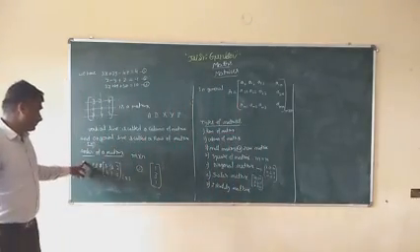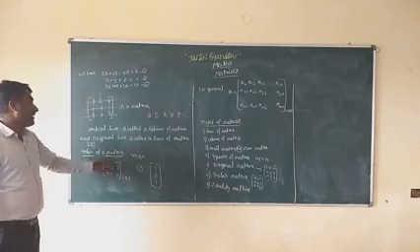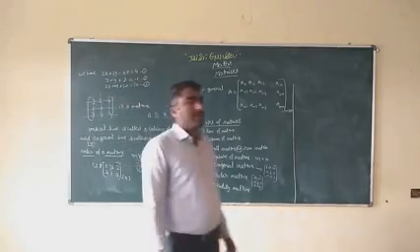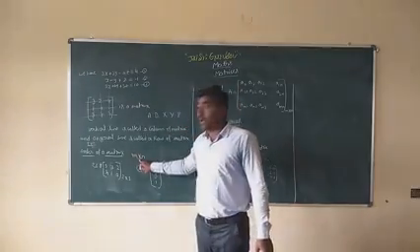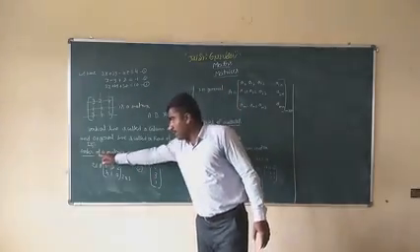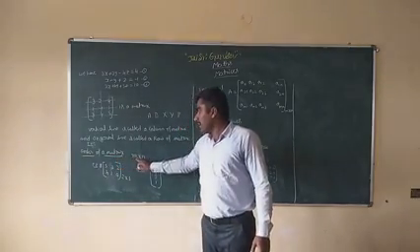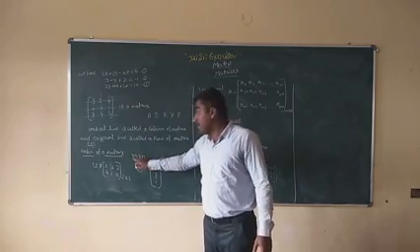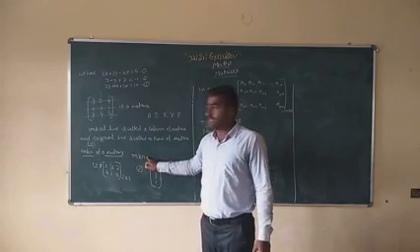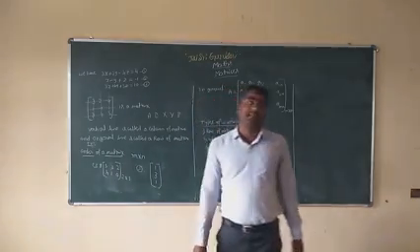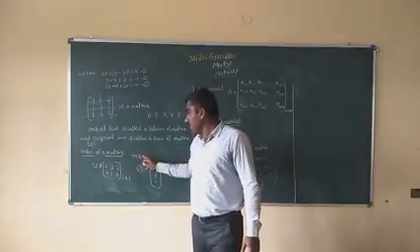Next is the order of a matrix. The order of a matrix is denoted by m into n or m cross n. It is read as m into n or m cross n.